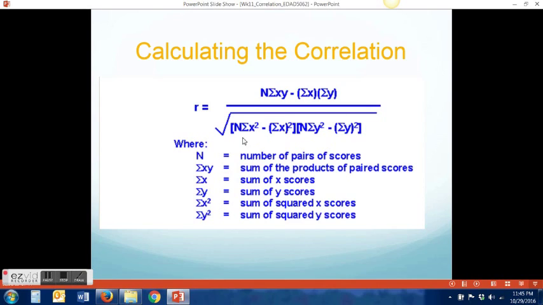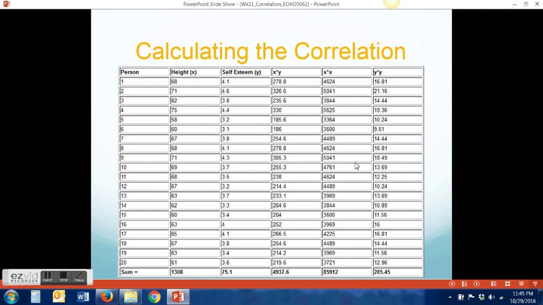And we're going to divide all of that by the square root of this bottom equation, where we're taking n, which again is 20, times the sum of the squared x scores, and the sum of the squared y scores over here.